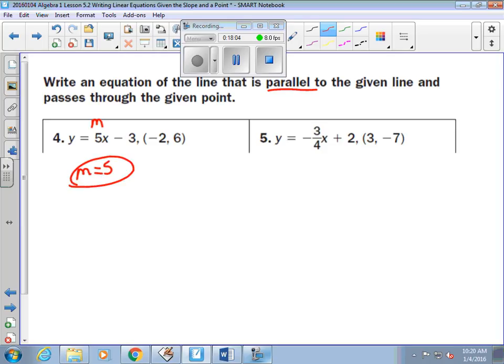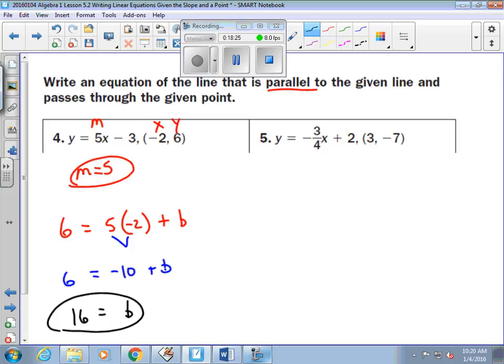So y equals mx plus b. y is 6 equals m's value is 5 times x's value is negative 2 plus b. 5 times negative 2 is negative 10 plus b is 6. Add 10 to both sides. b then is 16. So y equals mx plus b, m is 5x plus b, plus 16.